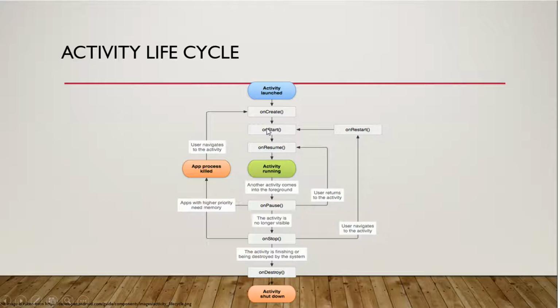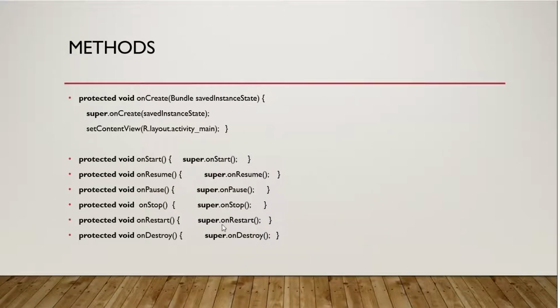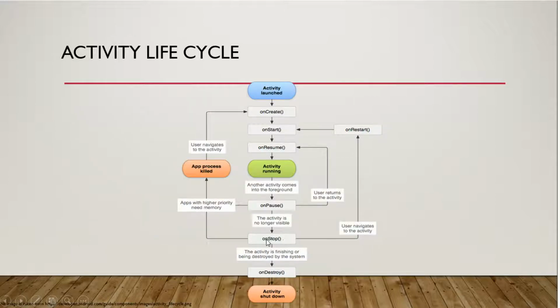The onStop method may be followed by onRestart. It may also be killed by the process and then followed by onCreate, and at the very end, the onStop method may be followed by the onDestroy method.